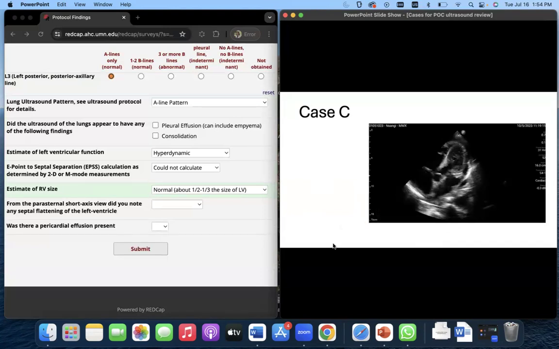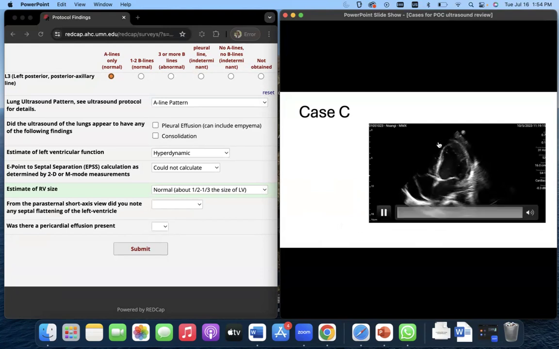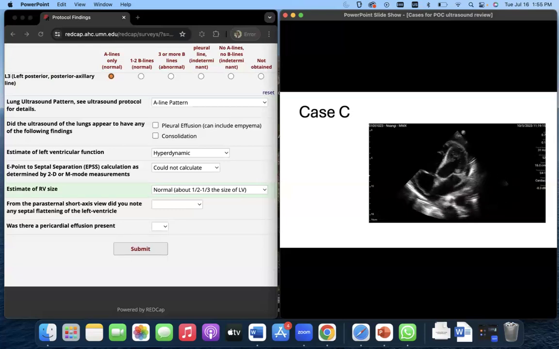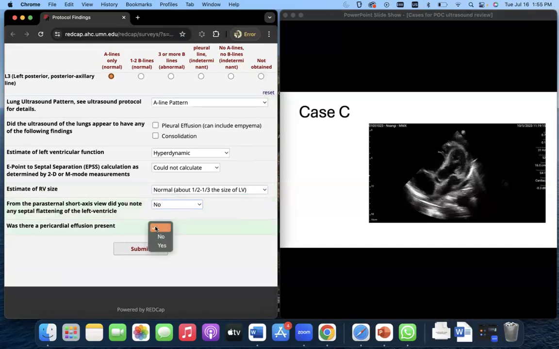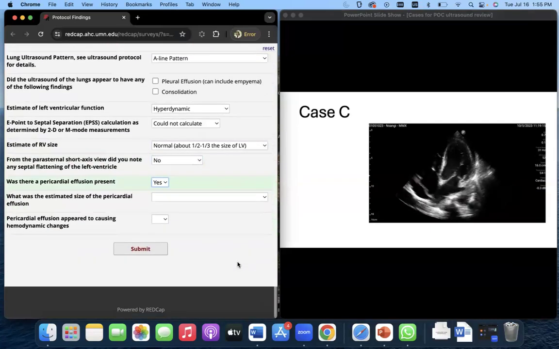From our apical four chamber view, we don't quite get the right ventricle lying nicely next to the left ventricle the whole time. But for the brief moment where we do see the wall of the right ventricle moving next to the left ventricle, it looks to me like it's still a third to a half the size of the LV. It does not look to me like there's any right ventricular collapse, and no septal flattening. And yes, there was a pericardial effusion.